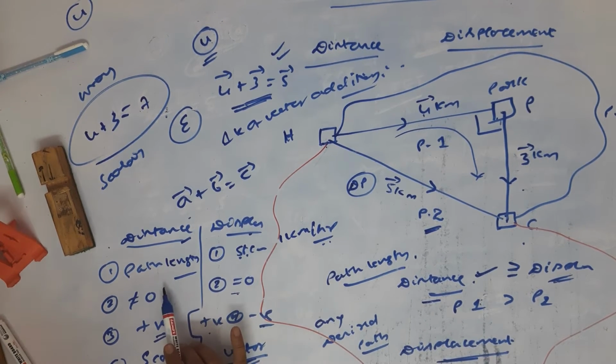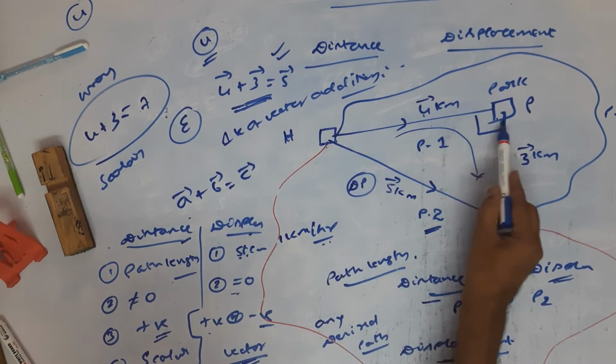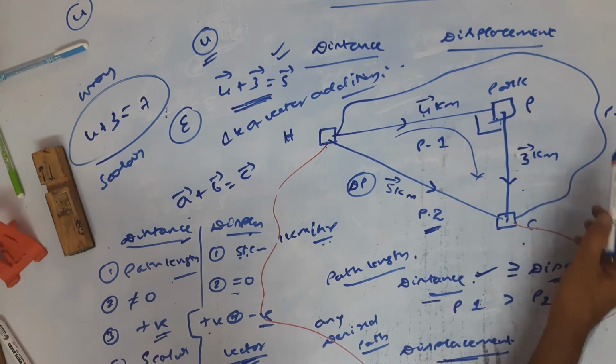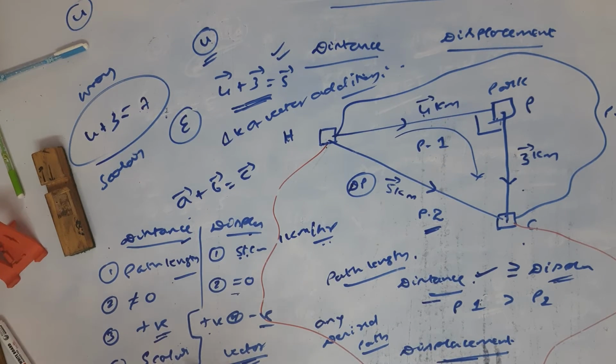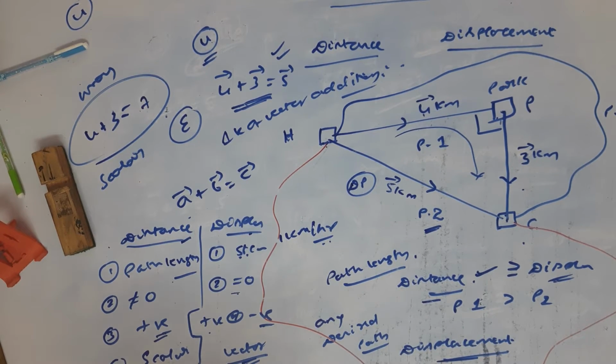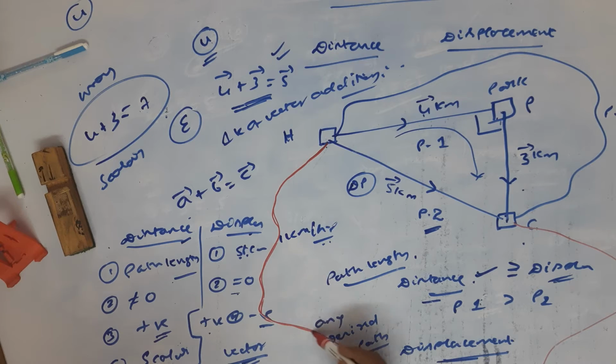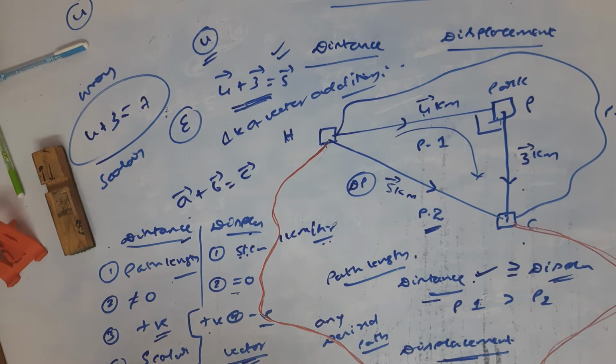Now the important difference between distance and displacement is like this. Distance is the path length along any desired path. So path 1, path 3, path 4, this red color, they are all called distance. Whereas the path length along a straight line is called displacement.